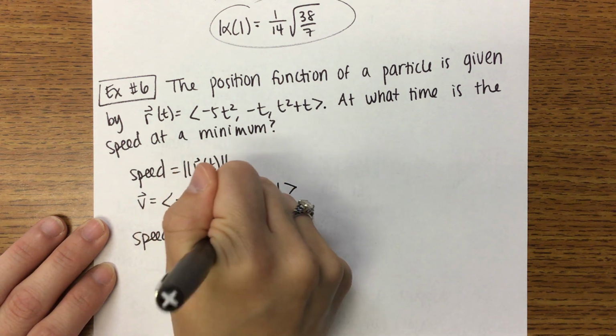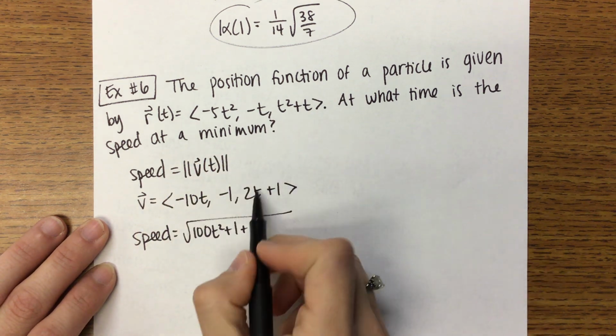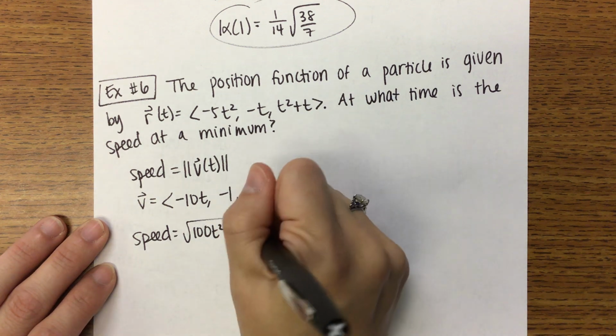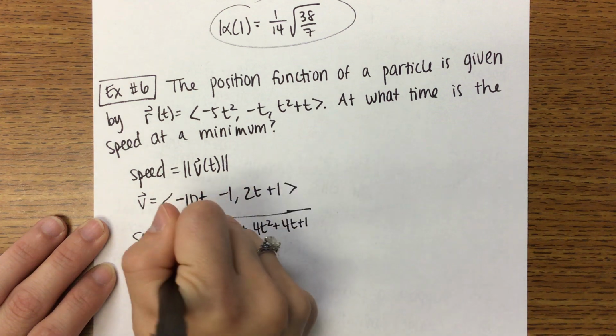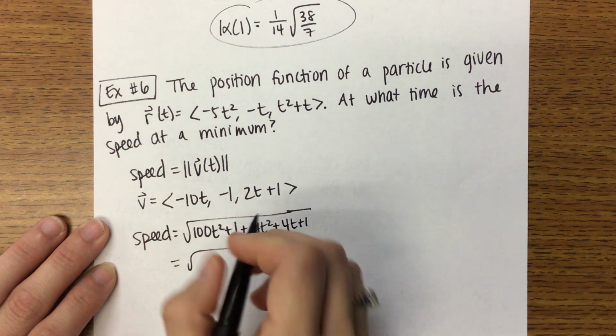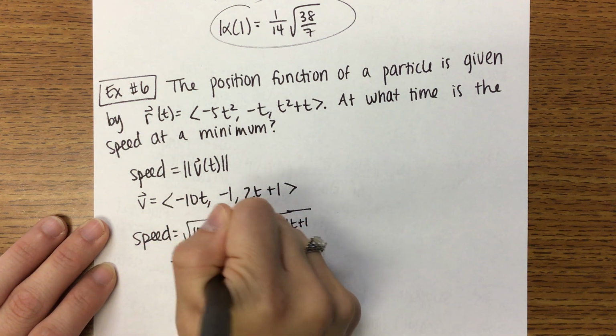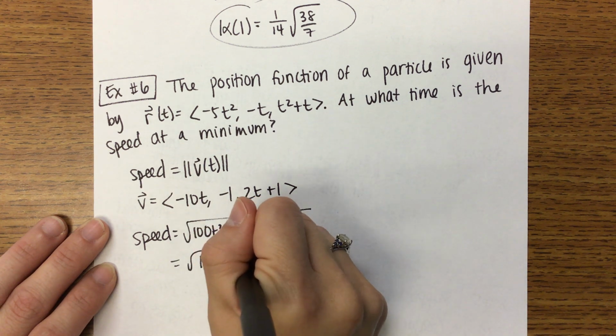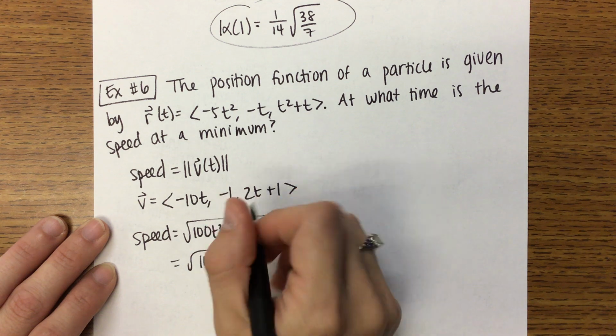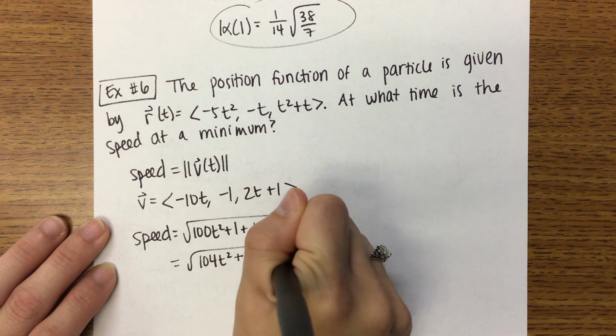So we get 100t squared plus 1. Remember to square that out. You get 4t squared plus 4t plus 1. So we get 104t squared plus 4t plus 2.